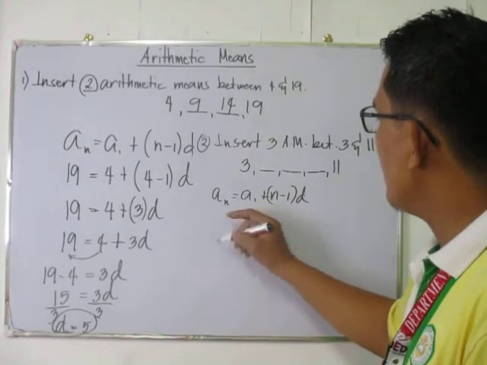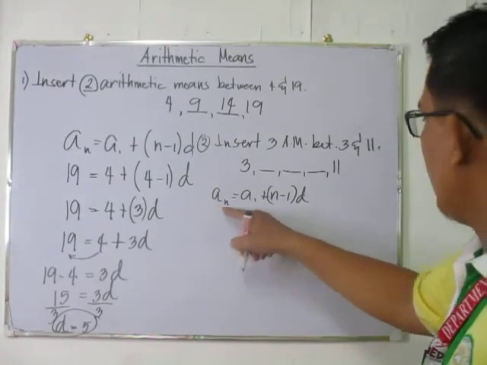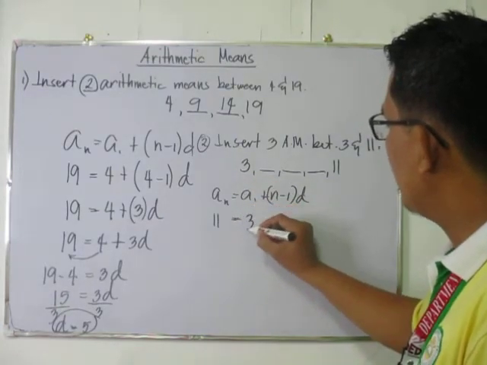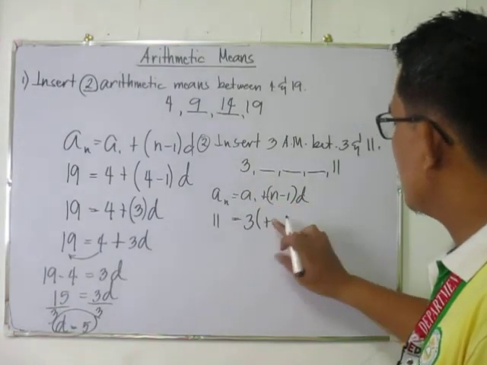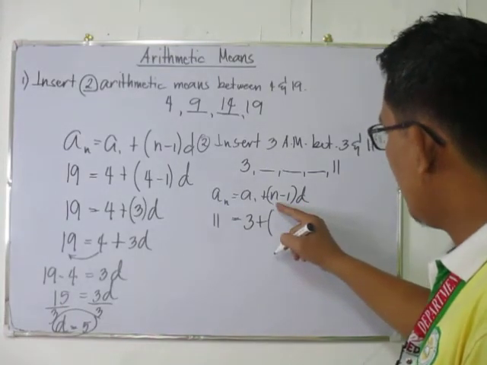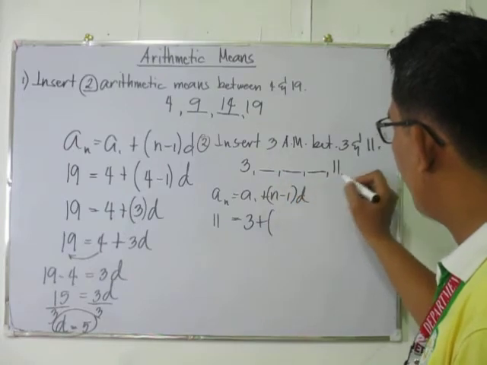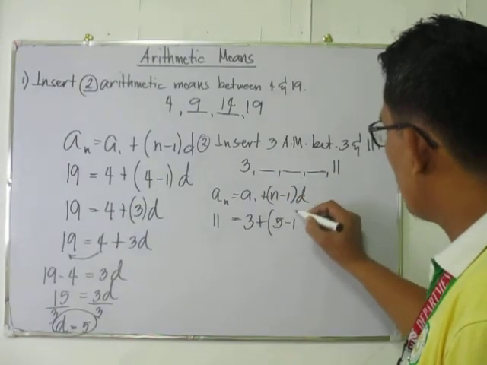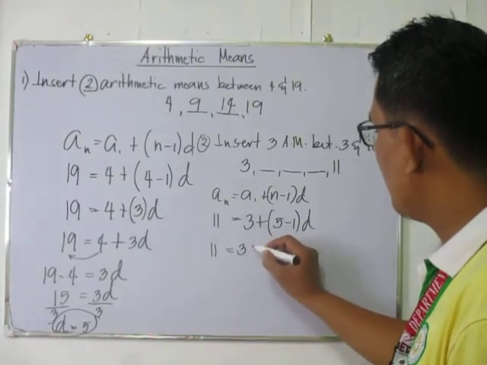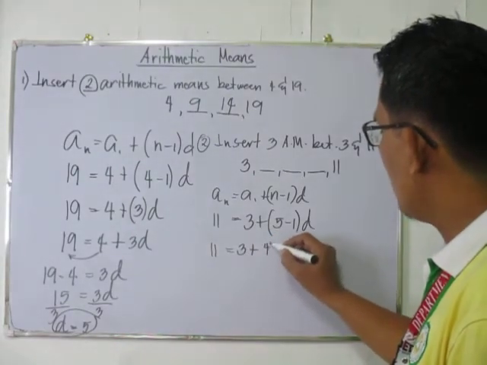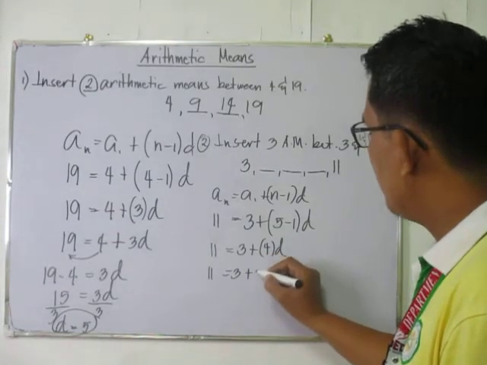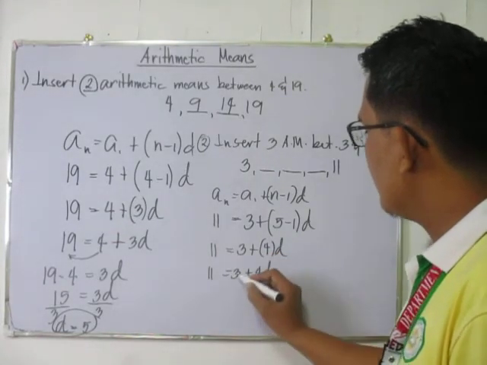Our a sub n is 11 is equal to the first term, 3, plus n, which is 1, 2, 3, 4, 5, minus 1, times the common difference, which is unknown. 11 is equal to 3 plus 5 minus 1, which is 4, times d. 11 is equal to 3 plus 4d.